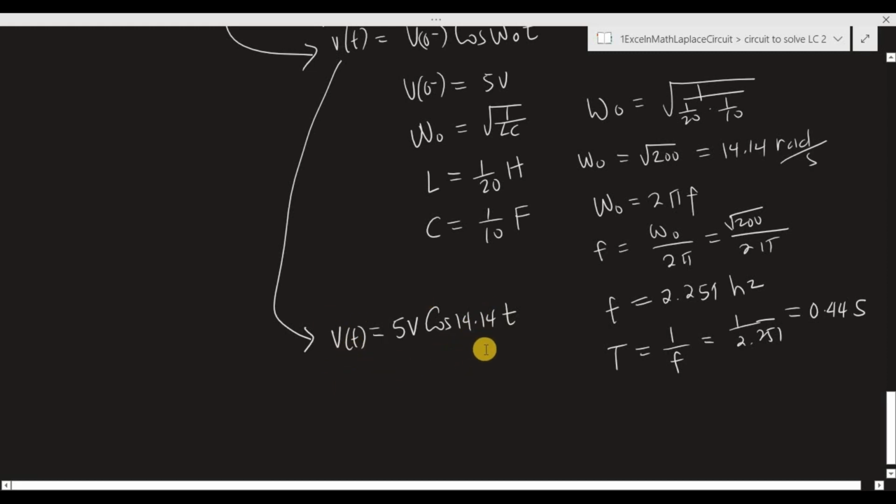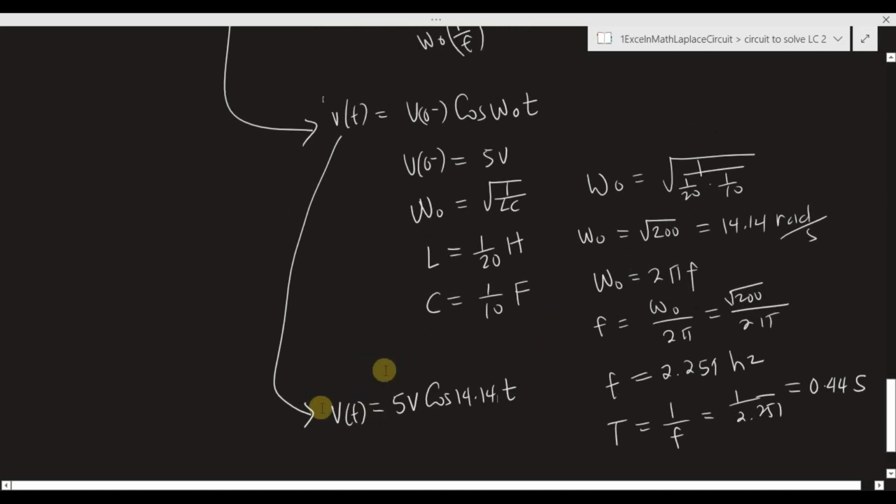Okay, we are going to compare our calculation with the simulator. We are going to simulate this equation in Electronics Workbench.